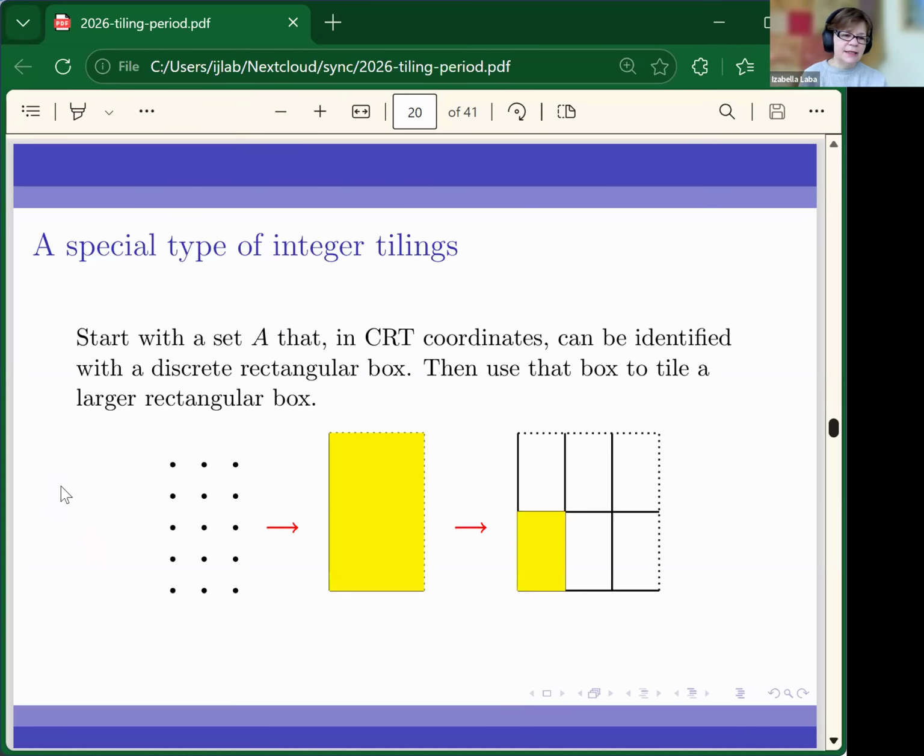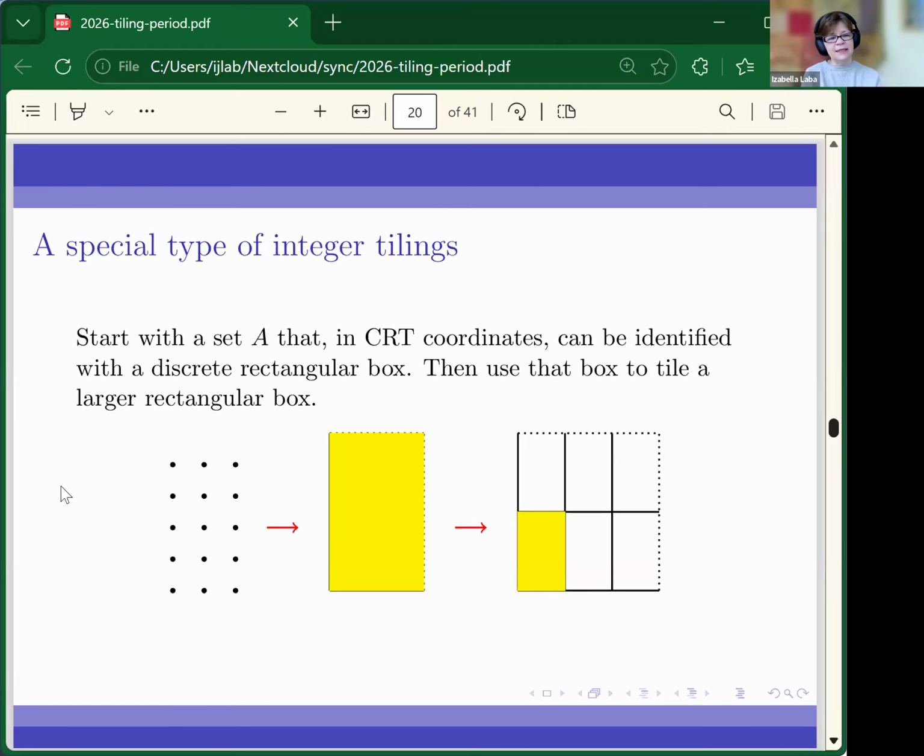I want to start with a special type of integer tilings that can be constructed as follows. We can start with a set that in the Chinese remainder theorem coordinates can be identified with a discrete rectangular box.